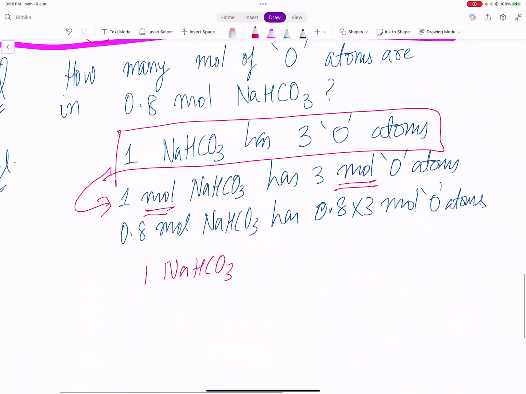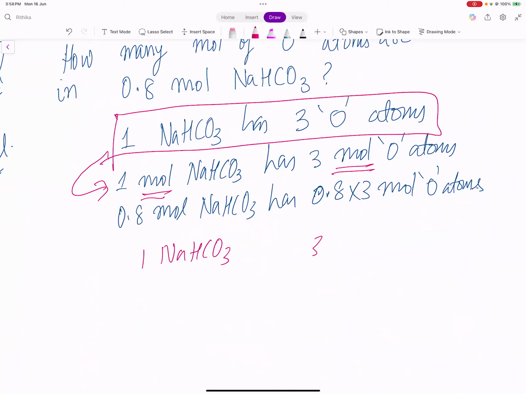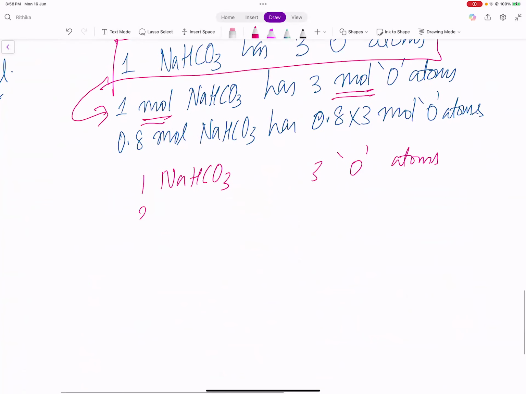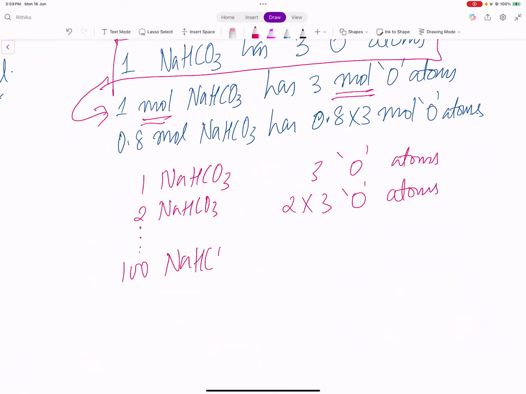Or we can start with one NaHCO3 has 3 O atoms, and so 2 NaHCO3 will have 2 into 3 O atoms. And I'll go till 100 into 3 O atoms.